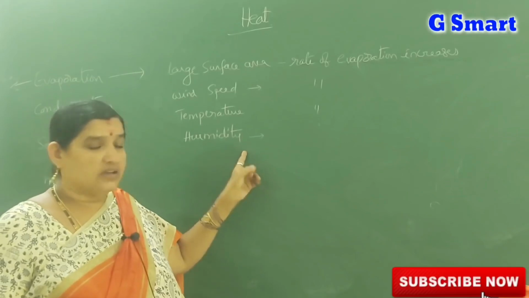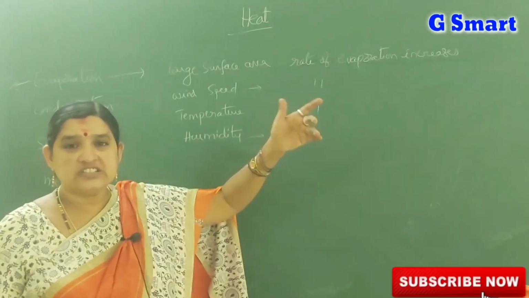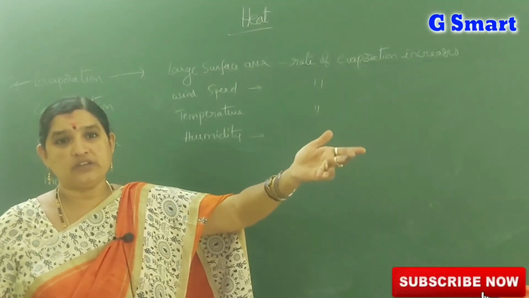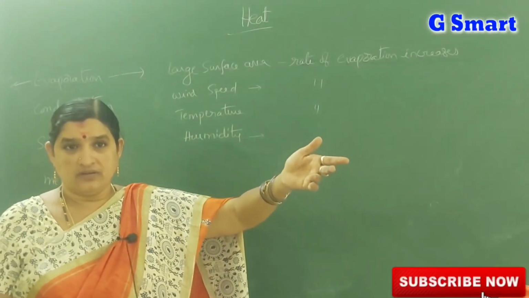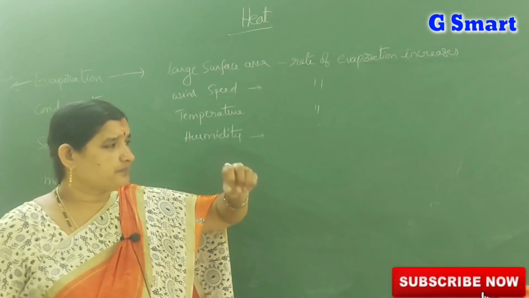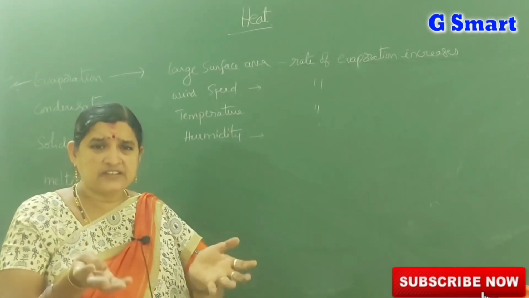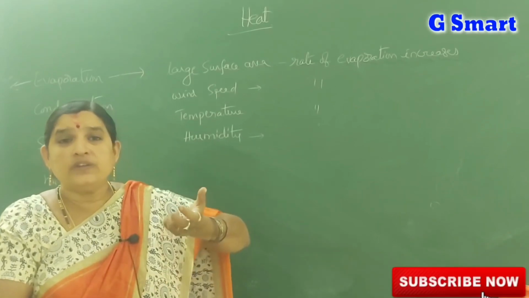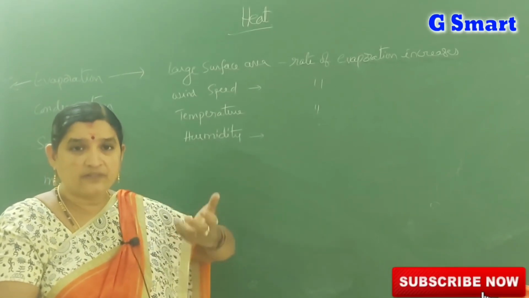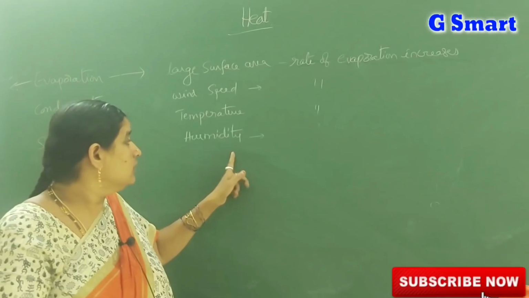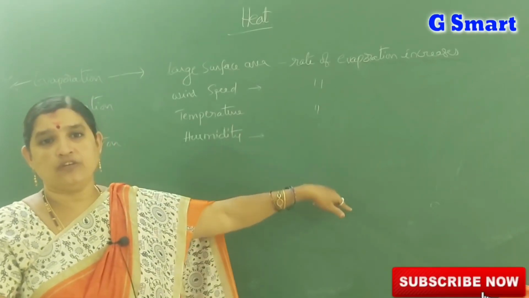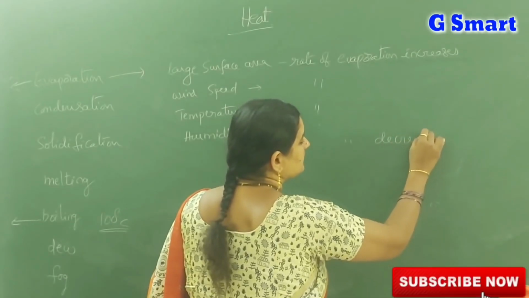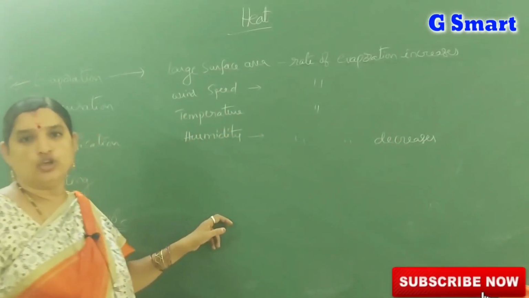Because the atmosphere already has a large amount of humidity, more water vapor, so it is not ready to receive any water vapor from the surroundings. So humidity decreases the rate of evaporation. Rate of evaporation decreases due to humidity.